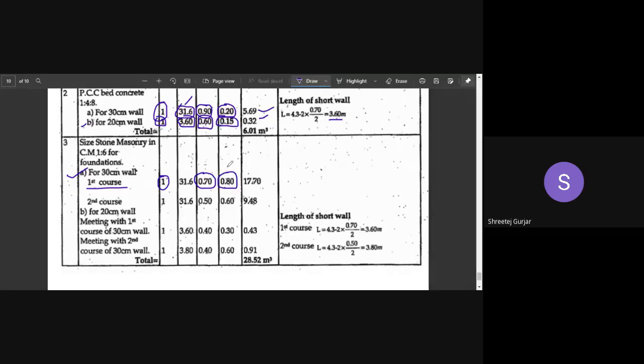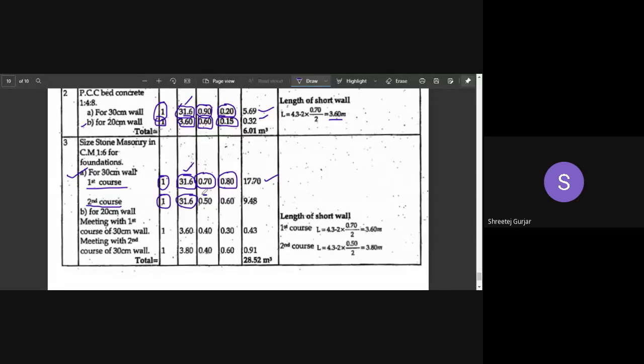And you know that for your 30 centimeter wall there is no junction, so you need to use directly the total centerline length. So multiplying all these values, we get the quantity of your side stone masonry in first step in your 30 centimeter wall. So coming to your second step in your 30 centimeter wall, you know it is one in number, and then length is the same as your total centerline length, since there are no junctions in your 30 centimeter wall, right?